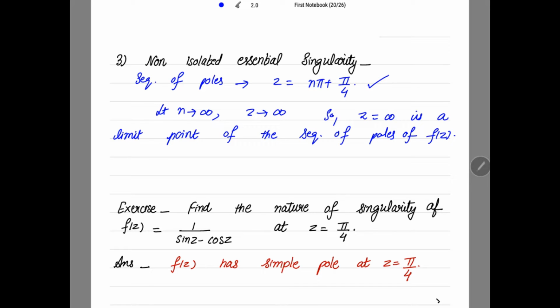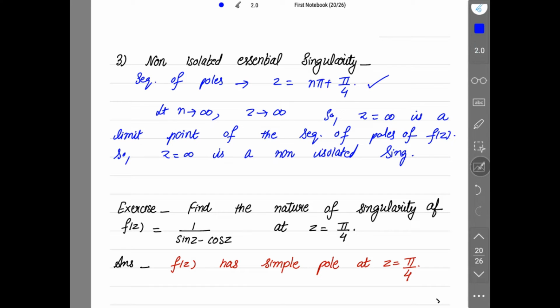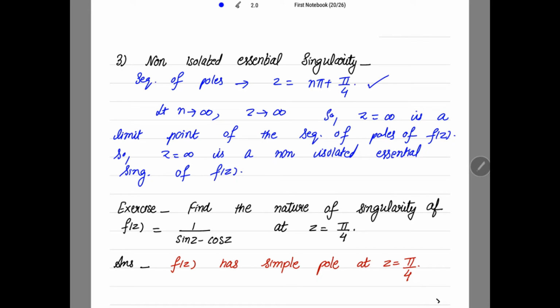Keep this again and again in your mind. So z equal to infinity, I got my non-isolated essential singularity at z equal to infinity. So this is a non-isolated essential singularity of f(z). So here it ends.